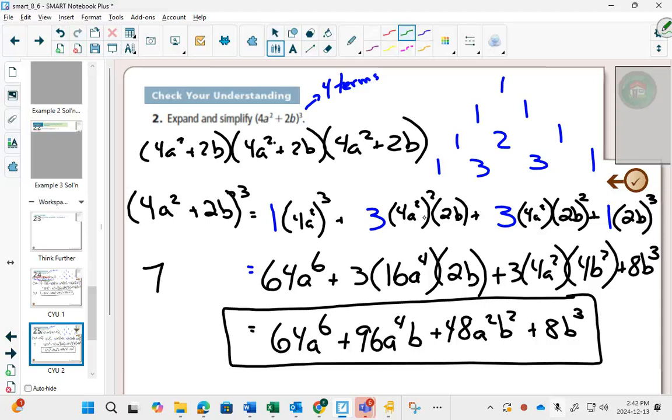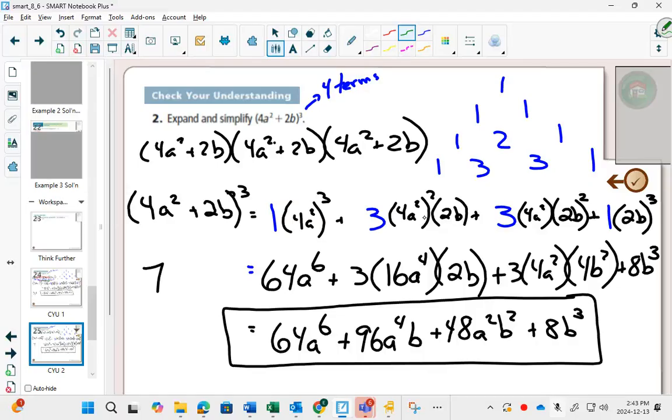A pattern is happening that the blue numbers in that first step are always related to combinations. Because you're like, oh, I chose 1 2b. Of the 3 2b's, I chose 1 of them. That's why it only has an exponent of 1. How many ways could that be done? 3 choose 1. That's how I got the blue 3 out in front.